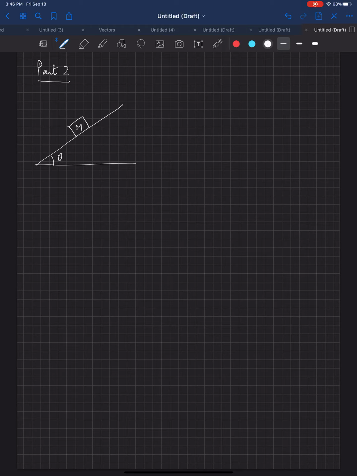But in this case, this object of mass M is attached through a pulley to another mass over here, small m. Okay? And let's now consider the case of, say, motion downwards.